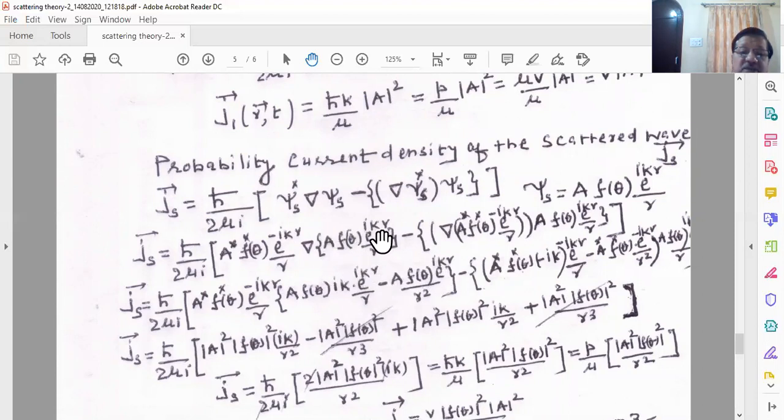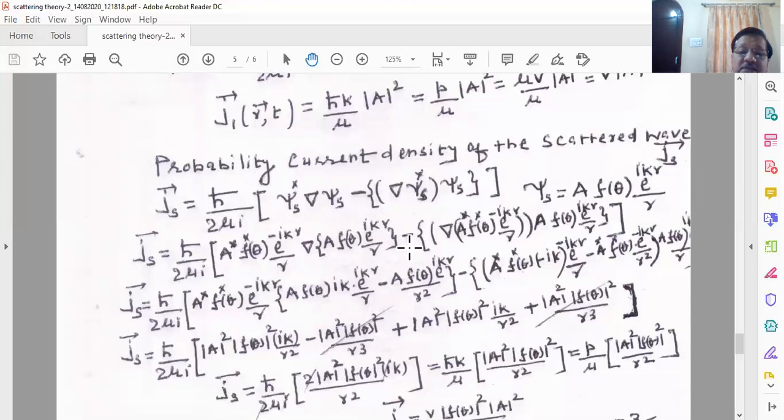This gradient operator operates on an operand that has two functions, e to the power of i k r and 1 upon r. So we use the product rule, and using the product rule we get these two terms. We have calculated the differentiation of the operand, so this term is known to you now.